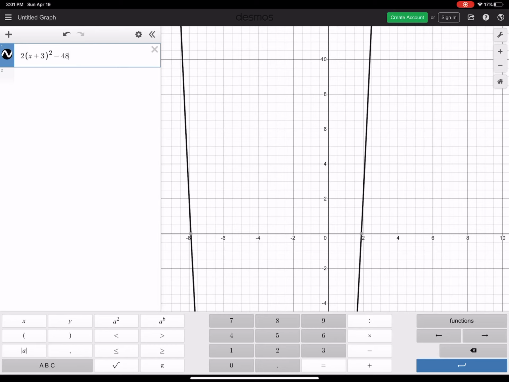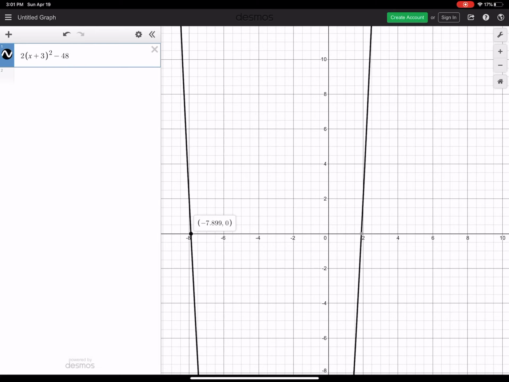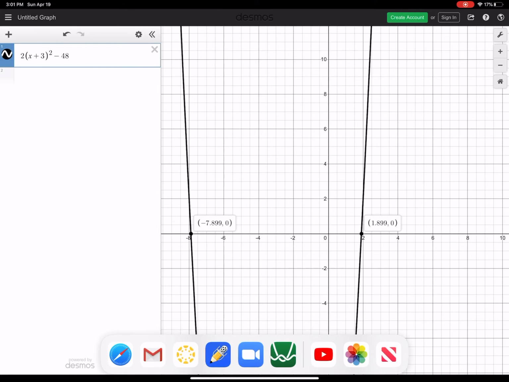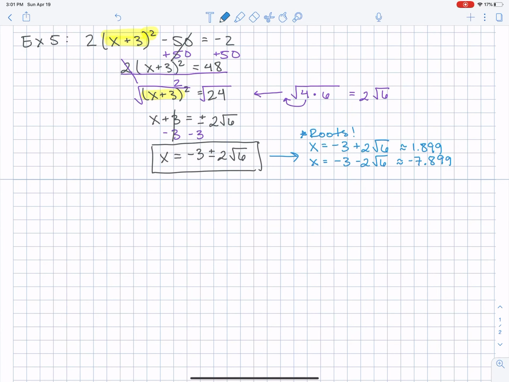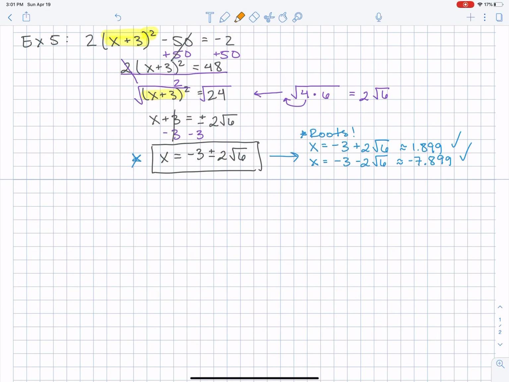If we remember those two numbers, negative 7.899 and 1.899, those should be the same numbers that we had before. There they are. We did it. However, this over here, I'm going to highlight it for us. This is how we want to write our answer: x is equal to negative 3 plus or minus 2 root 6.